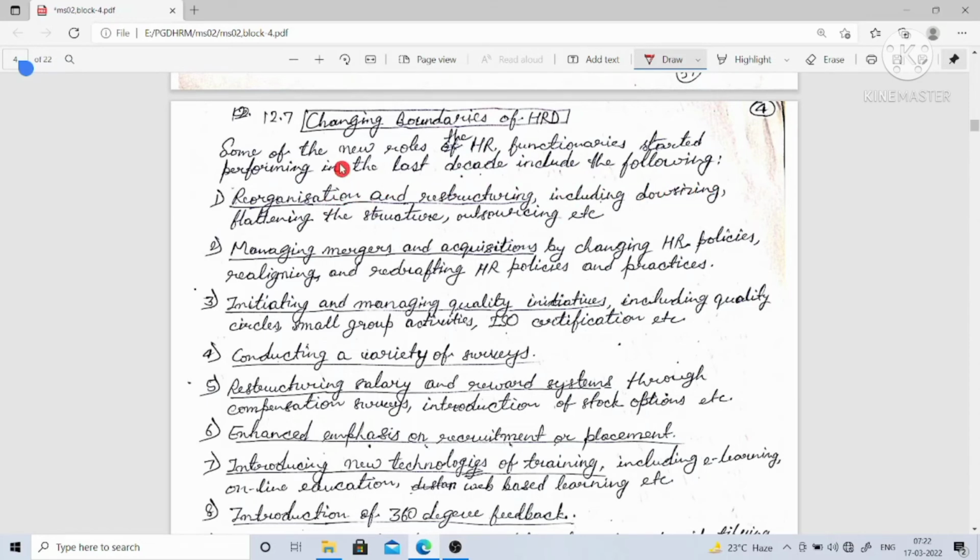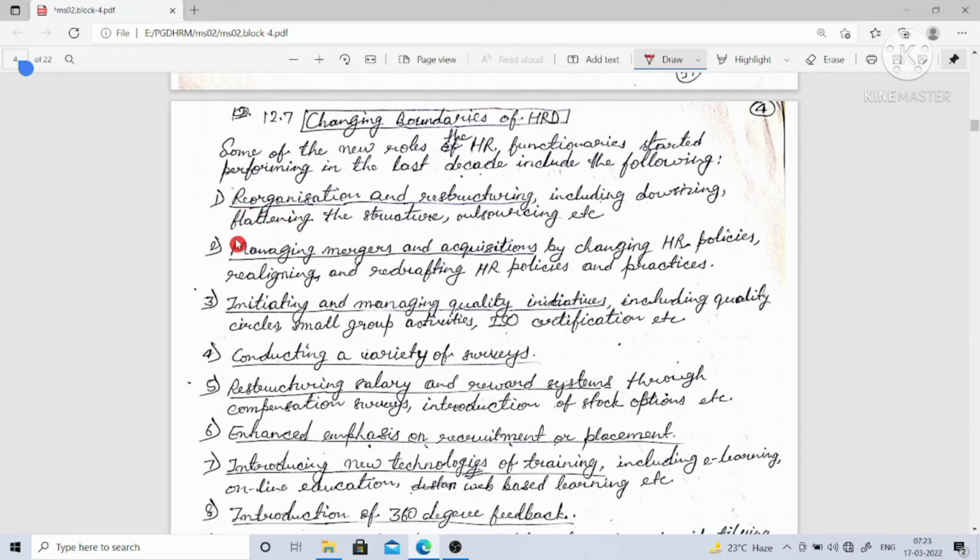So following are the roles which human resource functionaries started to perform in recent decades. These things were not the function of human resource earlier, but nowadays this all belongs to human resource functionaries.